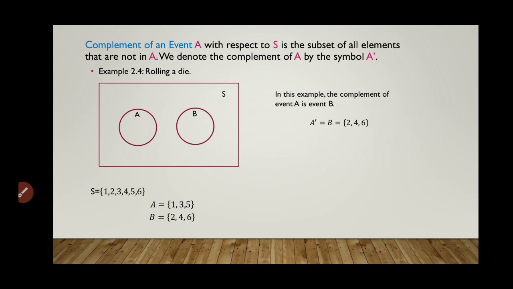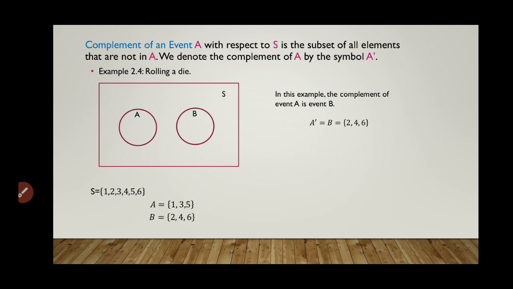Next, we have the complement of an event. So, for example, kinuha natin yung complement ng event A, or in symbol, A prime. Kapag sinabi natin complement, yung possible outcome na wala kay event A. So, kabaliktaran niya.